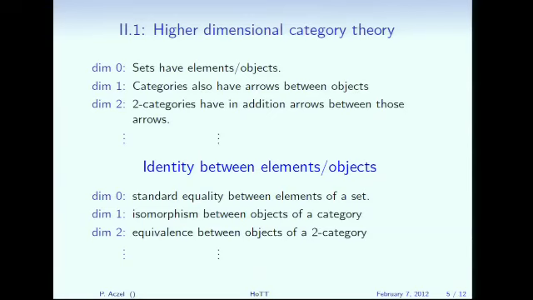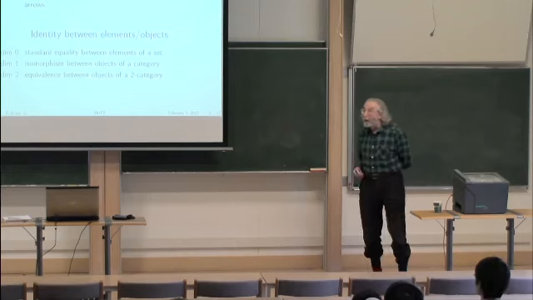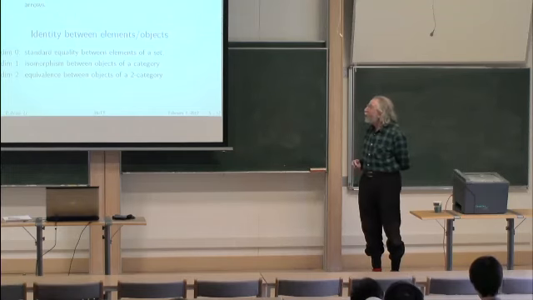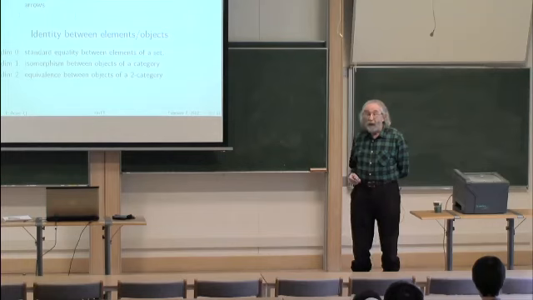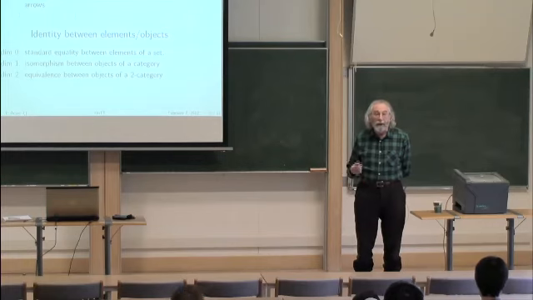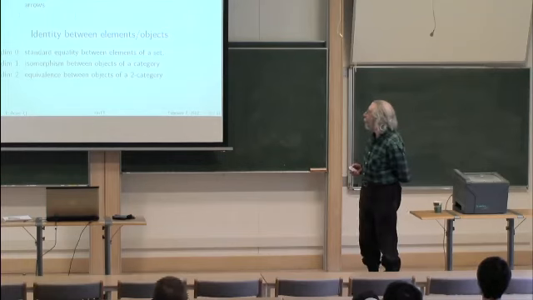We have the usual notion of identity between the elements of a set, but when it comes to the objects of a category, category theorists say that when you're looking at categories of structures, you don't want to distinguish between isomorphic structures. And that's the first glimpse of what the structure identity principle is about.